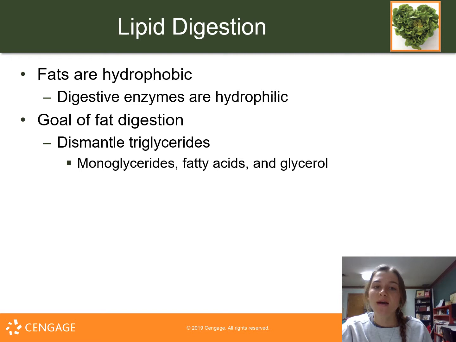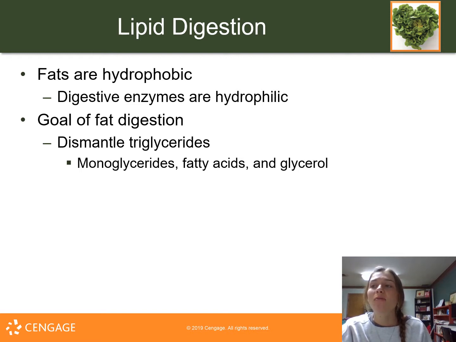So fats are hydrophobic and digestive enzymes are hydrophilic. And so constantly the body and digestive system is trying to meet the challenge of keeping the lipids mixed with the watery fluids of the digestive tract so that they can facilitate and work with the lipases, which digest the fats.